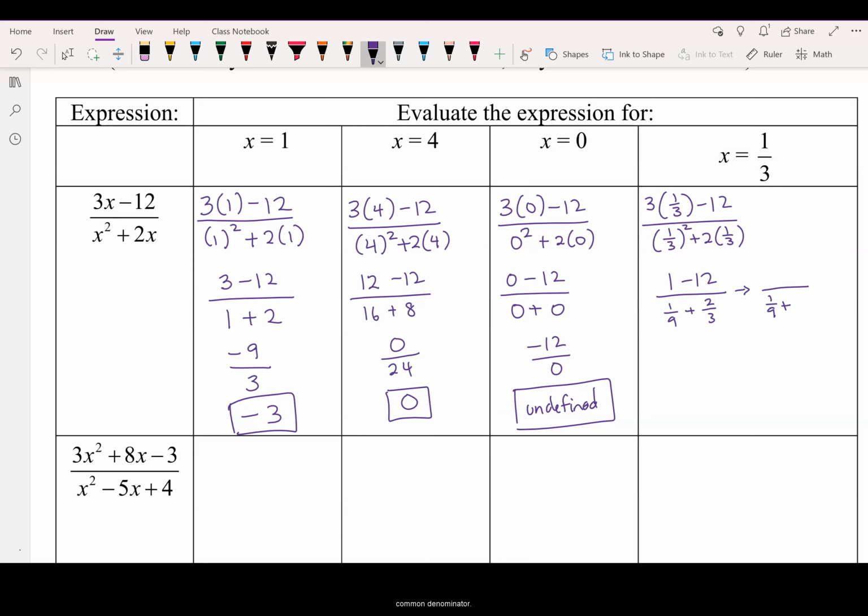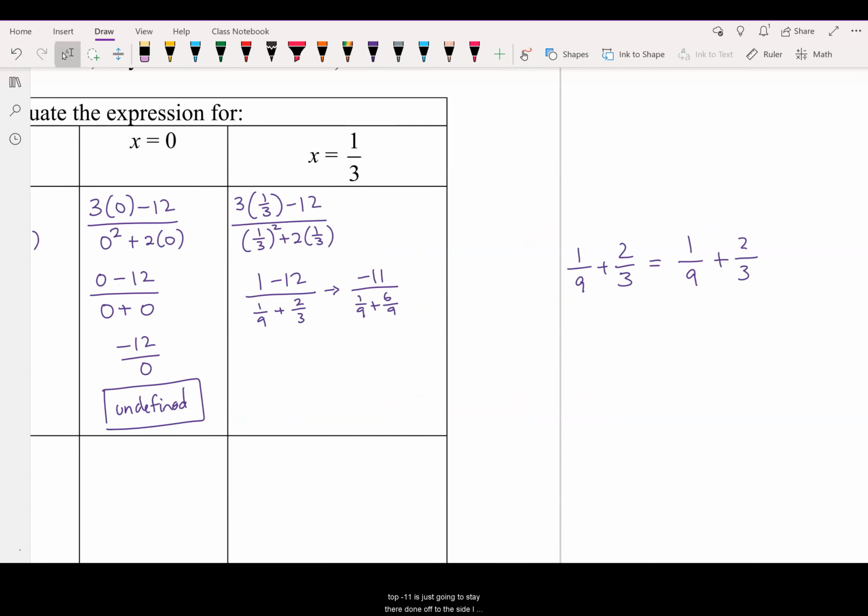I need a common denominator. On the top, negative 11 is just going to stay there. I'm doing this off to the side. I need a common denominator in order to add these two fractions together. So I am going to multiply this second fraction by a special form of 1. 3 divided by 3 is 1.